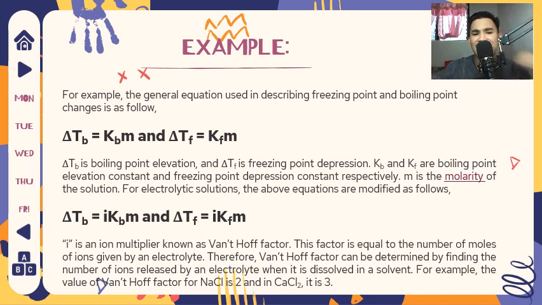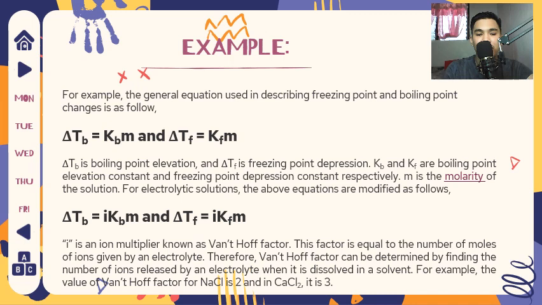So i is an ion multiplier known as the Van 't Hoff factor. And this factor is equal to the number of moles of ions given by an electrolyte. Therefore, the Van 't Hoff factor can be determined by finding the number of ions released by an electrolyte when it is dissolved in a solvent.